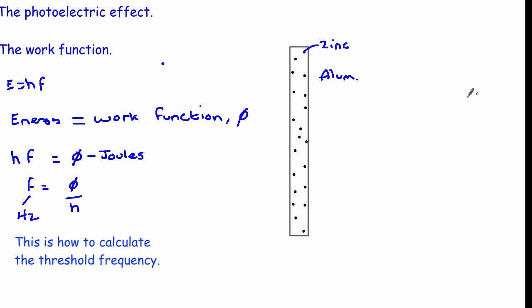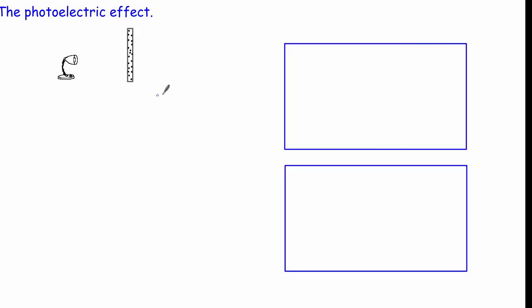Now we can use this to actually write down something called Einstein's photoelectric equation. Okay, so we're still thinking about the same effect, and we can put a few things together now. So if we think about just photons, then we know that the energy of a photon, as we've written down many times, is equal to hf. So this is the energy of the photon, this is the frequency of the photon, and this is simply Planck's constant.